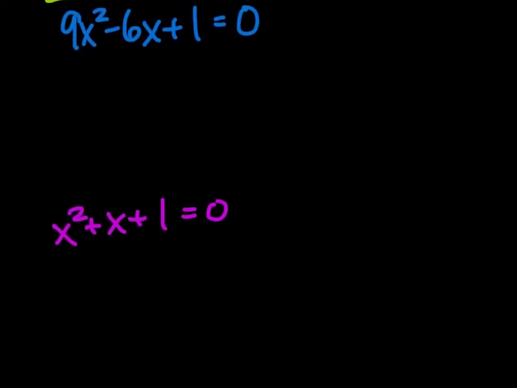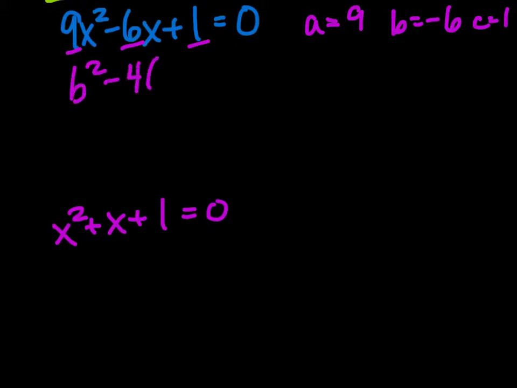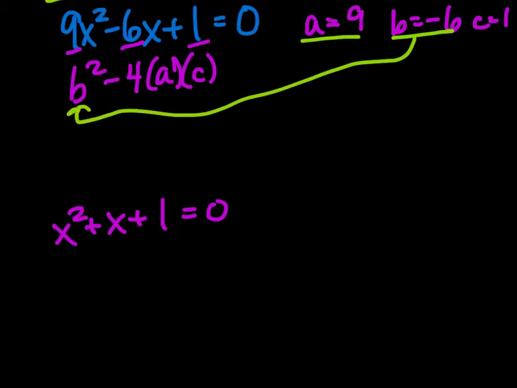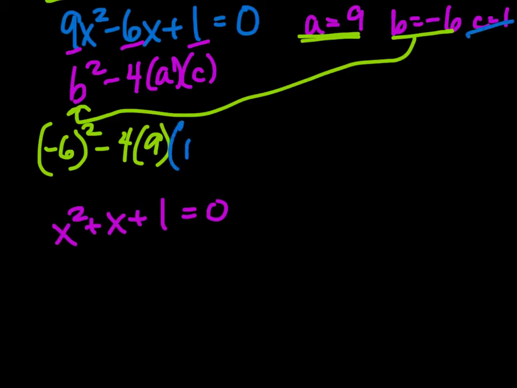It'll be exciting. So we need to figure out our a term, our b term, and our c term. a is equal to 9, b is equal to negative 6, and c is equal to 1. Putting this information into b squared minus 4 times a times c, we have negative 6 squared, minus 4 times 9, times 1.